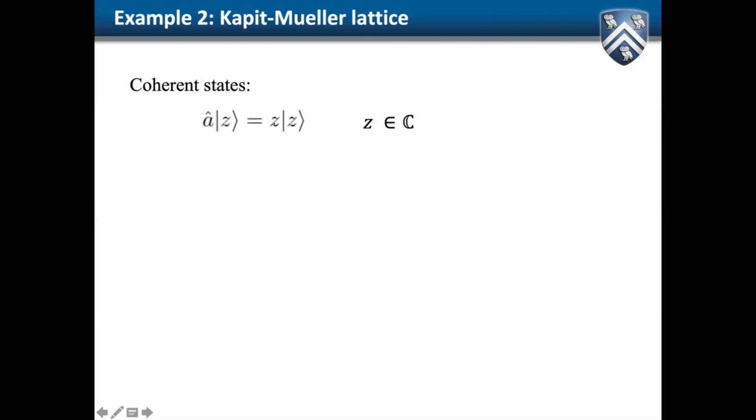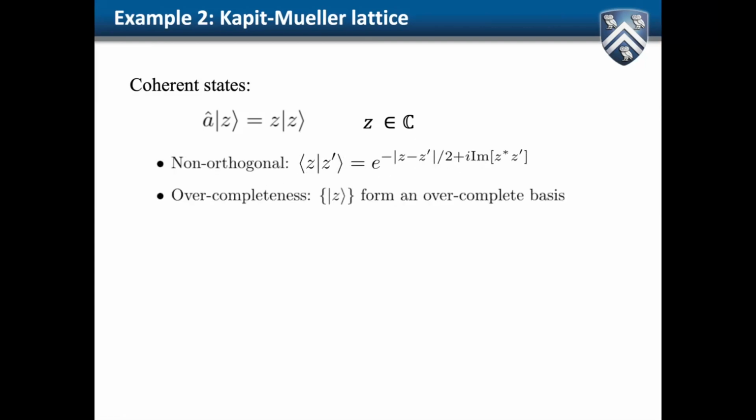So the eigenvalue z is complex. And the coherent states possess a number of interesting properties. For example, no two coherent states are orthogonal to each other. So grab any two coherent states, the inner product is non-zero. And of course, the amplitude of the inner product decays as a Gaussian between z and z prime.